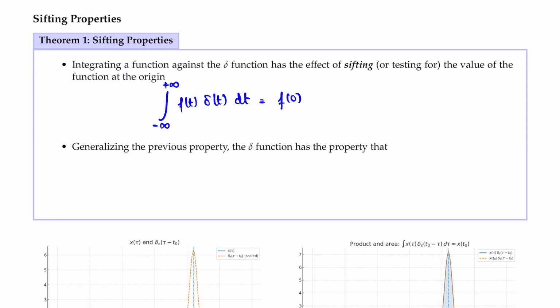In the general situation, we want to generalize this. The delta function has the property that the improper integral from negative infinity to positive infinity of f of t multiplied with delta of t minus t0 dt is equal to f of t0.